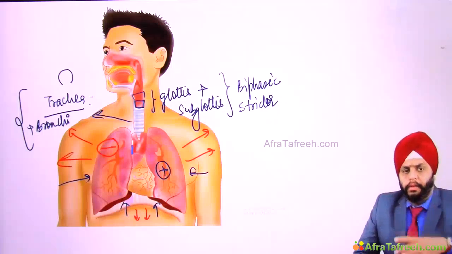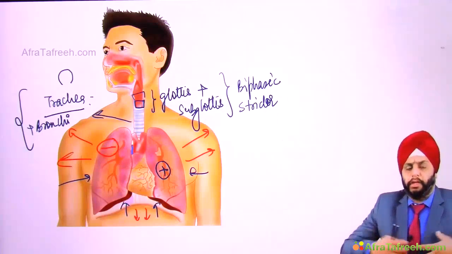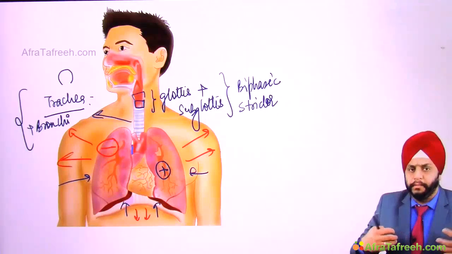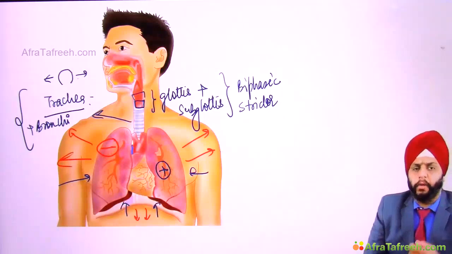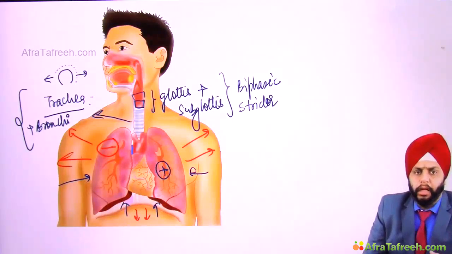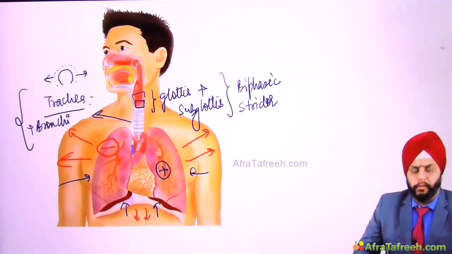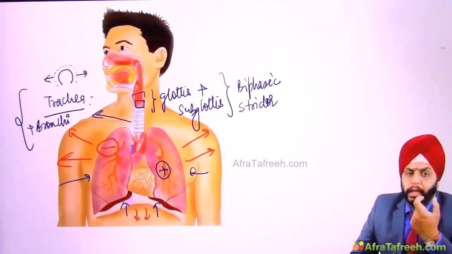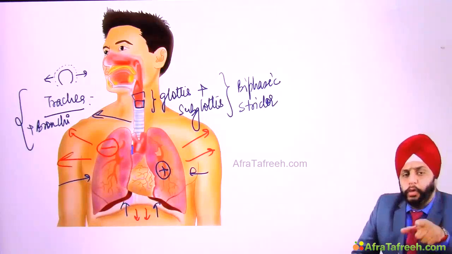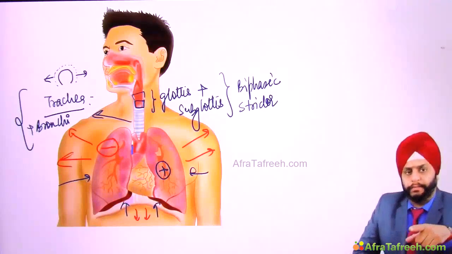So when there is a negative pressure, the lungs expand, and this negative pressure will pull the trachea and the bronchi. So this also expands during inspiration. So airway diameter is more. In the trachea and bronchi, the airway diameter is more during inspiration.